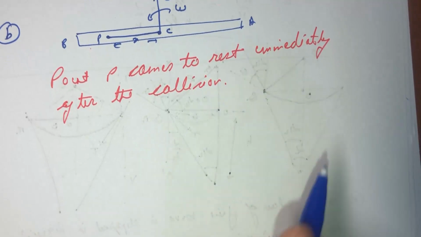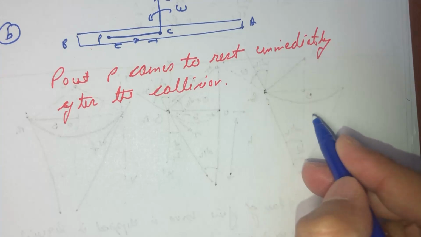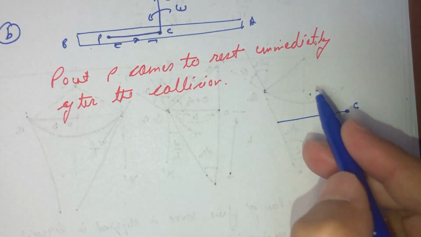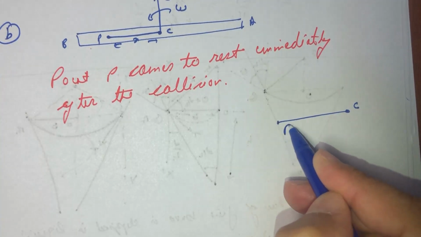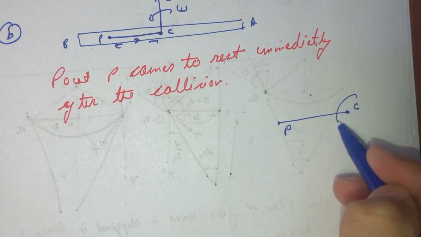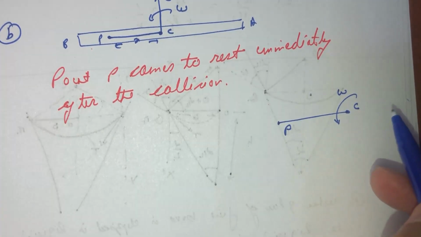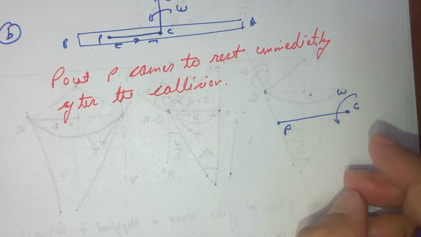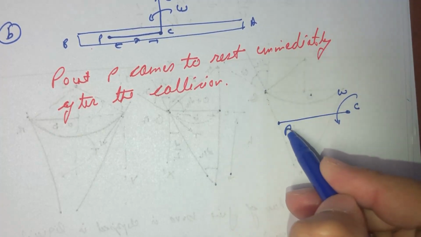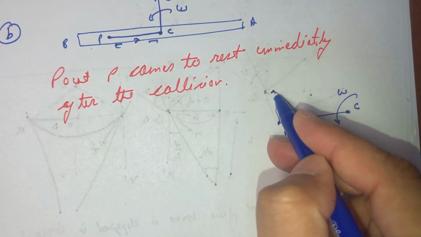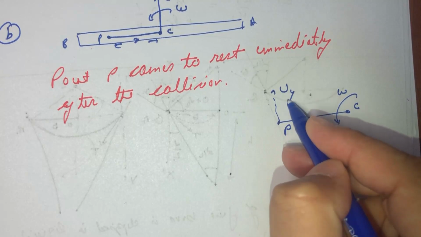Okay, so let me draw it without the rod. So this is our center of mass C and this is our point P. So it is going to rotate in this direction with angular velocity, and as the rod is moving forward, this point P will also try to move in this direction, let us suppose with the velocity of Vy.